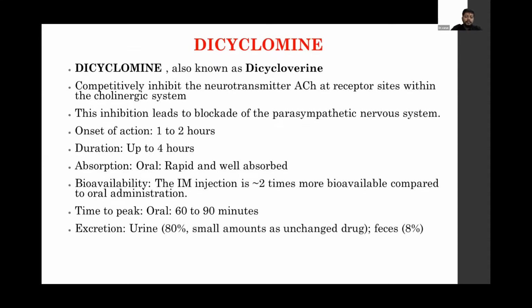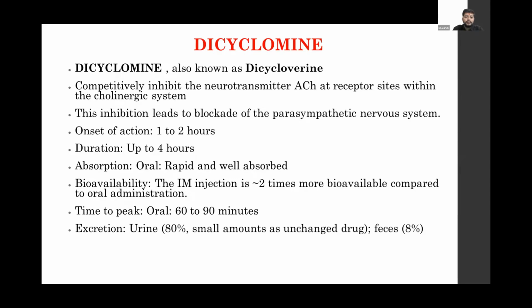Then we are discussing the gastrointestinal adjuvant analgesics. First one is dicyclomine. Dicyclomine, also known as dicycloverine, competitively inhibits the neurotransmitter acetylcholine at the receptor site within the cholinergic system. This inhibition leads to blockage of the parasympathetic nervous system.